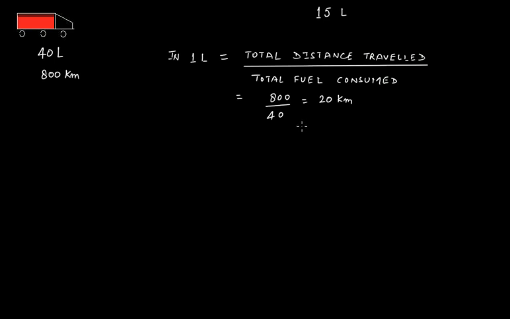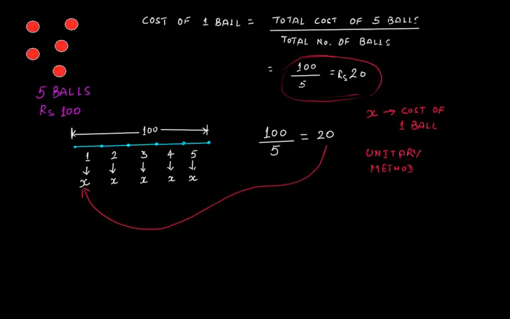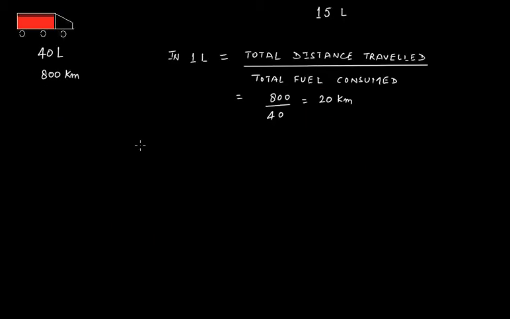Now if you are scratching your head about why we used it, I'm going to explain with the same logic as before. Suppose this represents the distance traveled using 1 liter. Let's say that in 1 liter it travels d kilometers. We don't know what the value of d is, because that's what we have to find.